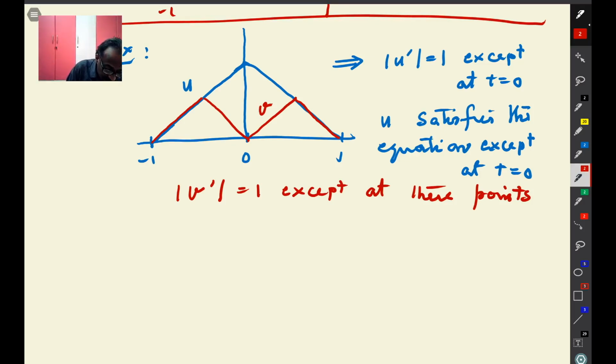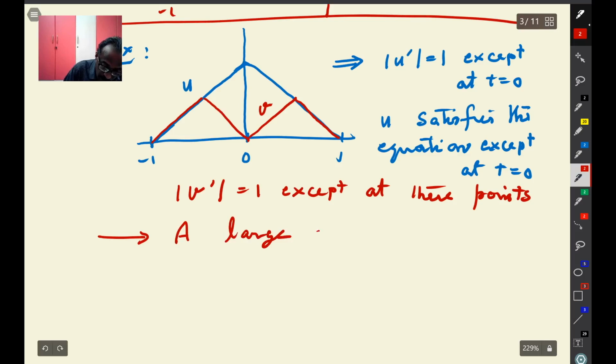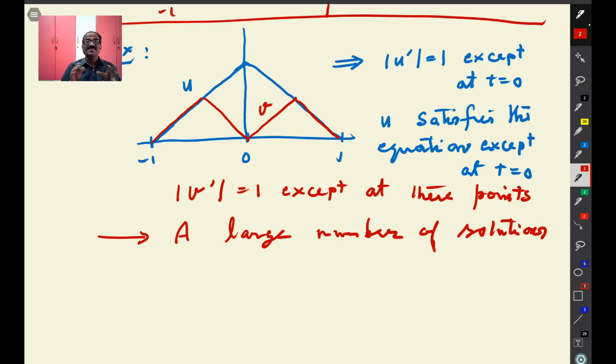The relaxation produces a large number of solutions immediately. So this is one way of relaxing. In fact, if I ask for a solution which satisfies the equation almost everywhere, then you may be able to produce infinitely many solutions.